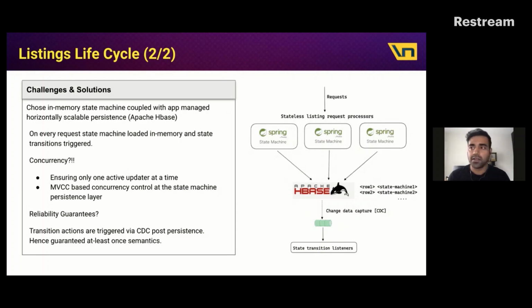This gives us a couple of advantages. One is that we can actually guarantee that we act on all of the transitions that come in, and we also have some amount of replayability if we choose to. So we can play back events in case of a disaster scenario, etc., and restore it. So we have several advantages in this architecture. One is that you have horizontal scalability on your application as well as on your data layer.